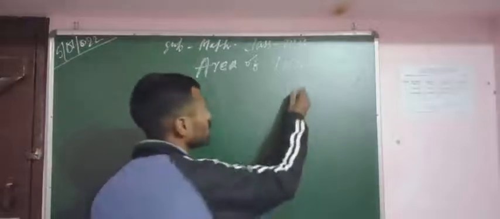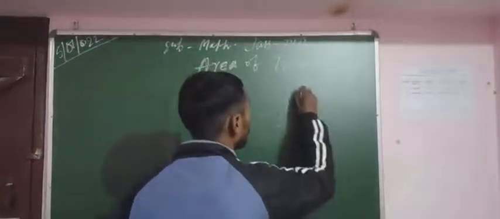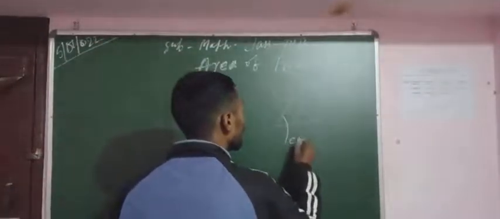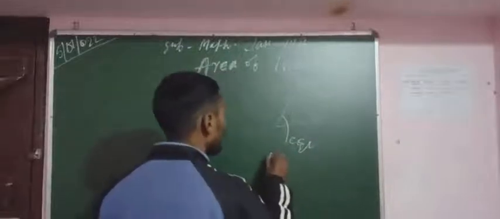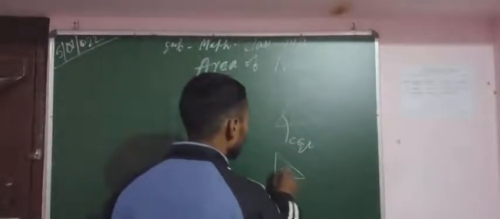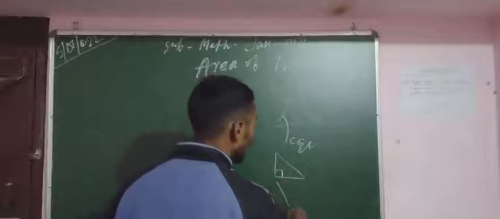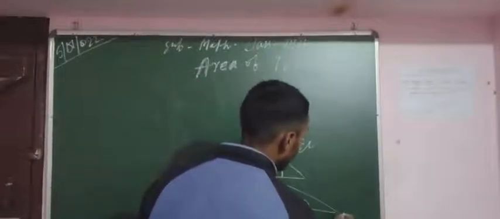On the basis of angles there are three kinds of triangle: acute angle triangle, right angle triangle, and obtuse angle triangle.